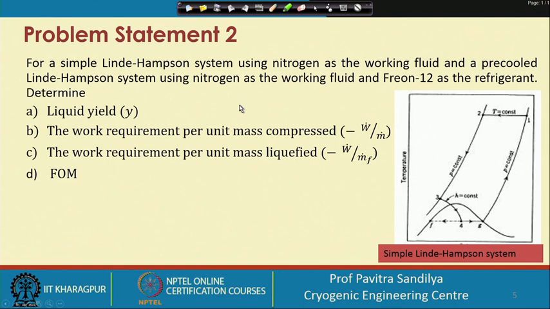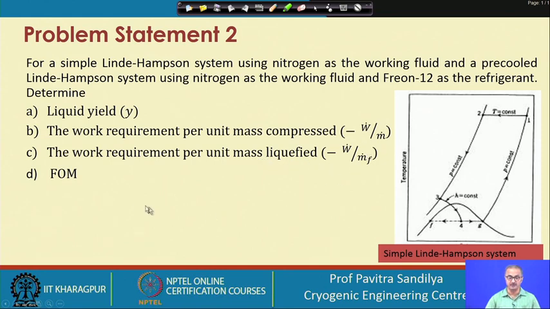That is why we use Freon 12 in the refrigerant circuit for this pre-cooled Linde-Hampson system. With this information we have to determine the liquid yield, the work requirement per unit mass of gas compressed, and the work requirement per unit mass of gas that is liquefied.